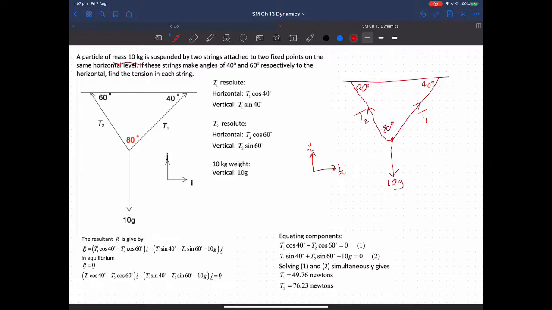I'm going to resolve T1. If I consider that, what I have is a right angle triangle. And what I want to do is find the horizontal and vertical distances on that triangle that form the right angle.